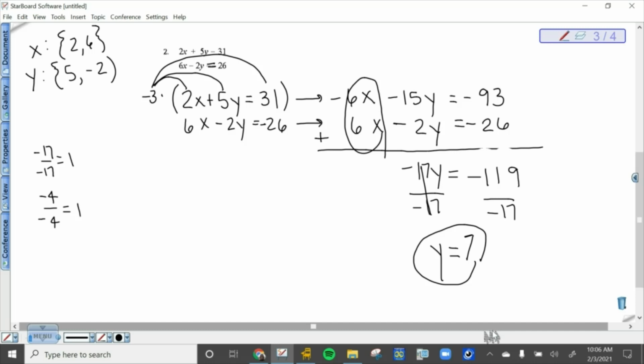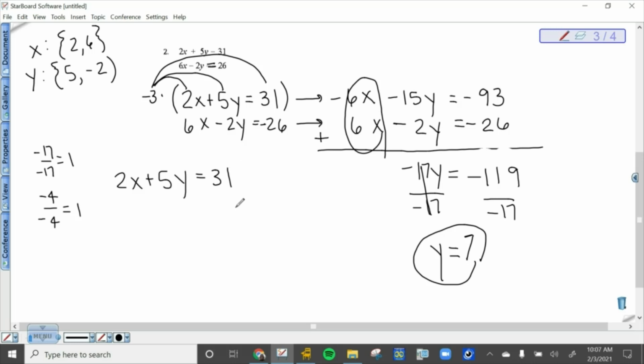Okay, now what's our next step? We just went through step 2. Not checking it yet. What's our next step? Yeah, we have to plug 7 into either one of our original equations. Let's use the first one: 2x plus 5y equals 31.